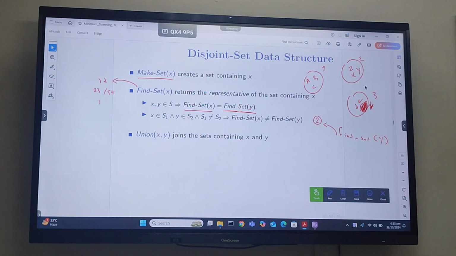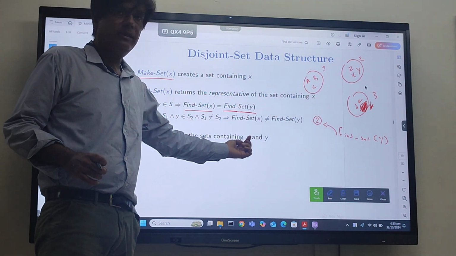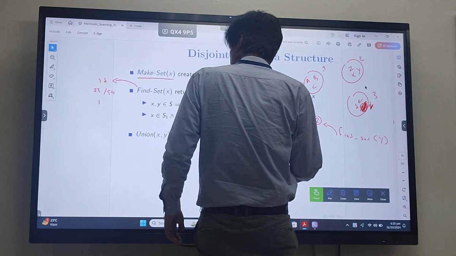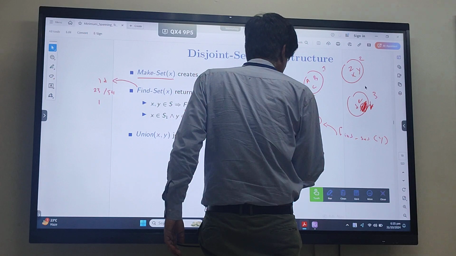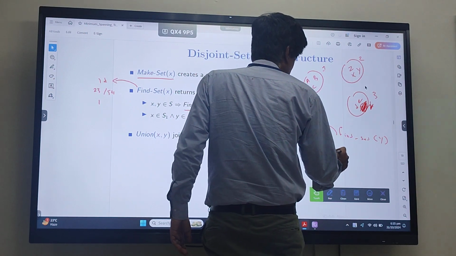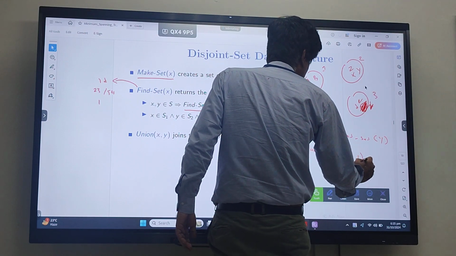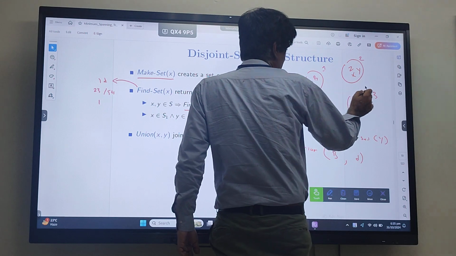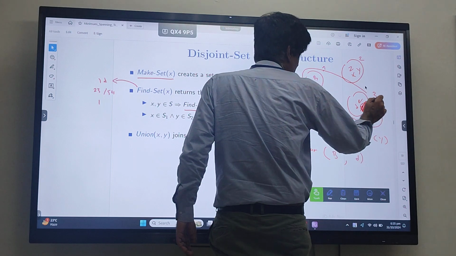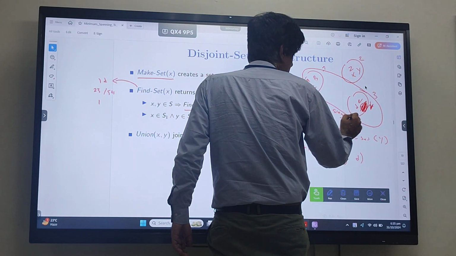And union joins the sets containing the elements X and Y. So if I say union, now talking about this example, say B and B, what it will do is make these two sets into a single set.